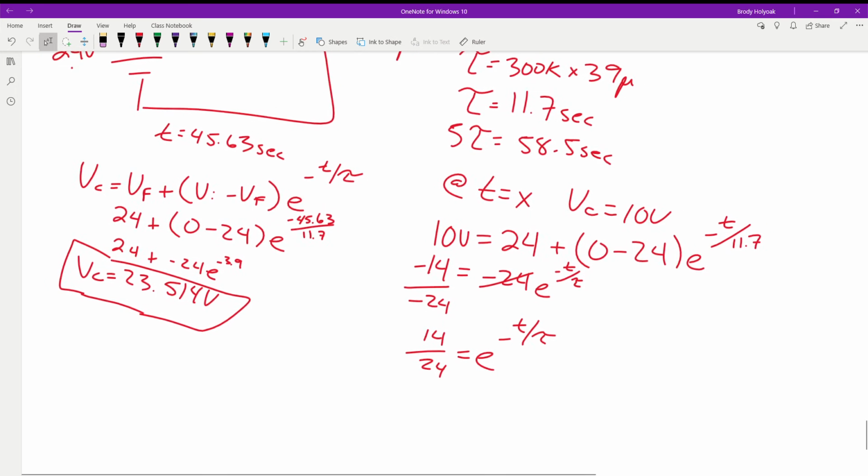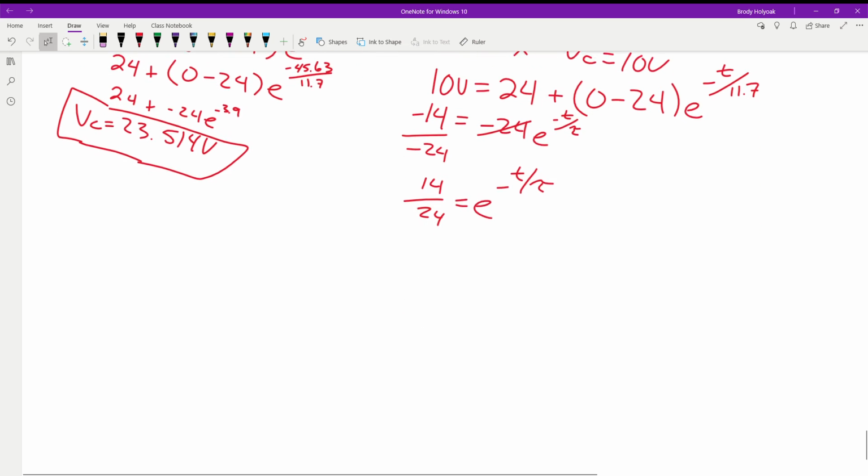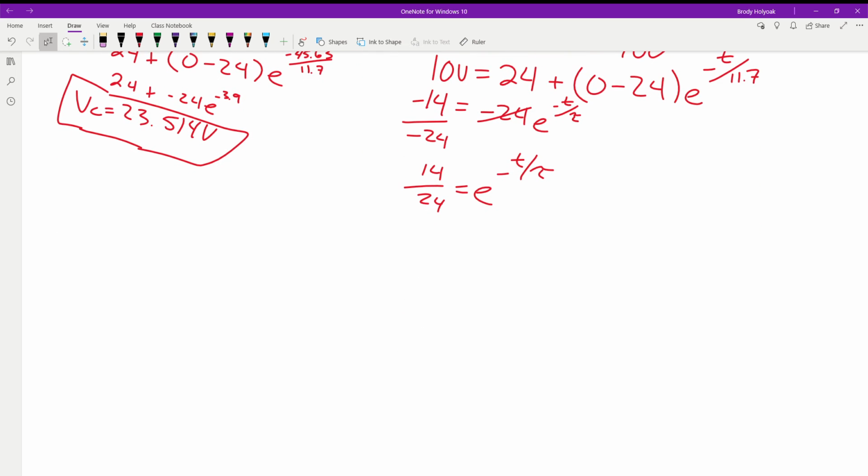So now to get our exponent by itself, we take the natural log of both sides. And we're left with that.